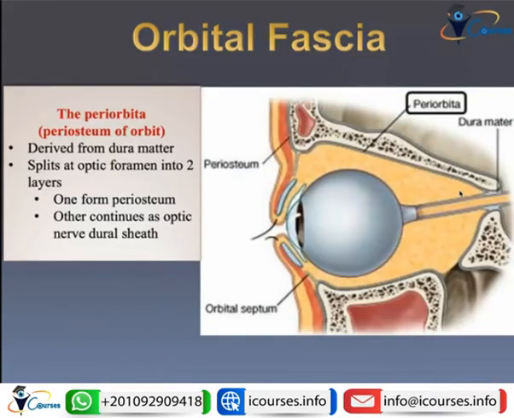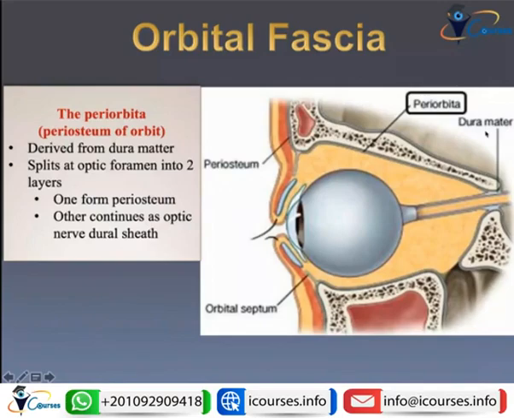The final part of the orbit will be the orbital fascia, or what's called the periorbita. The periorbita is the lining of the orbital wall. So the wall of the orbit is lined by a tissue called the periorbita, or the periosteum of the orbit.